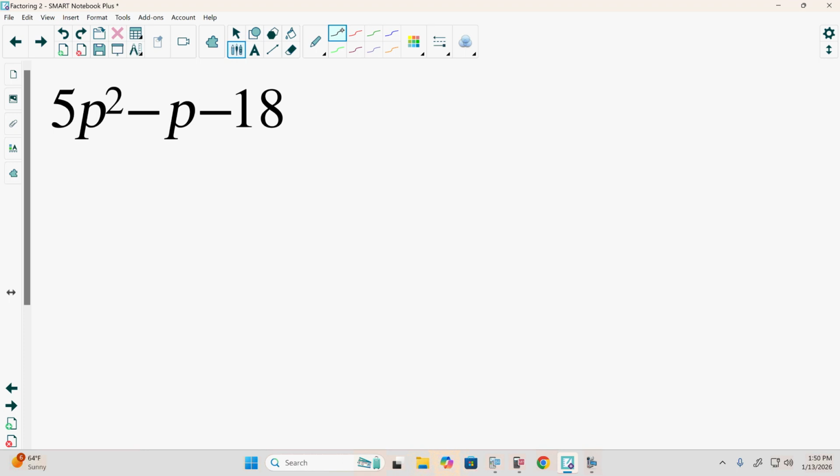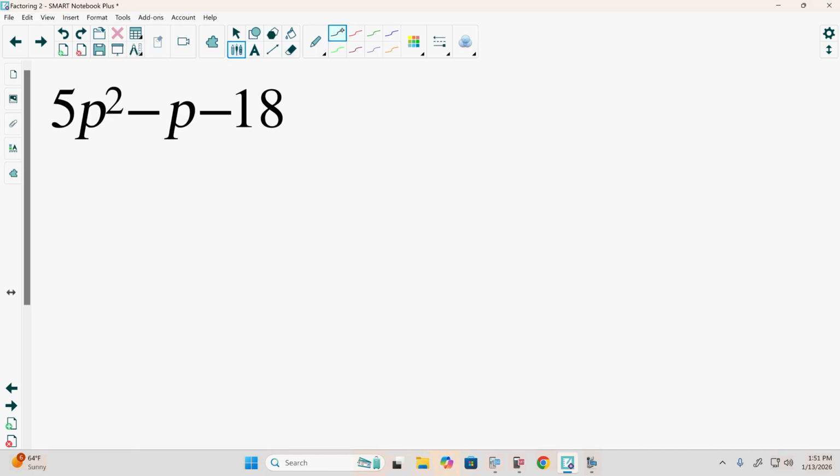5p squared minus p minus 18. They're not as bad as they might think. So, first place we start with all of them: greatest common factor. Because we want to see, is there a greatest common factor amongst all three terms?